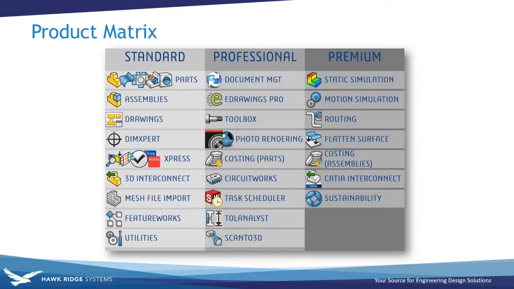So with SOLIDWORKS Premium, you're really getting end-to-end functionality to be able to design a part, analyze it, and predict its performance ahead of time with simulation. If you need to generate renderings of it in advance to show what the final product's going to look like, you'll have that capability from SOLIDWORKS Pro, and you'll also have the SOLIDWORKS CAM capability if you need to actually machine the part to generate toolpath on it.